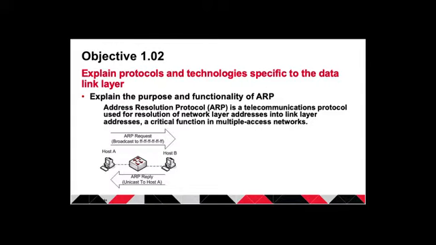Meaning, if the IP address that host A is trying to get to for host B is not on the same local broadcast subnet, IP range-wise, host A will not ARP for host B because it knows that it has to send that packet to its default gateway to be routed to host B because they're not on the same subnet. But if they are on the same IP subnet, that means they will be in the same broadcast range.